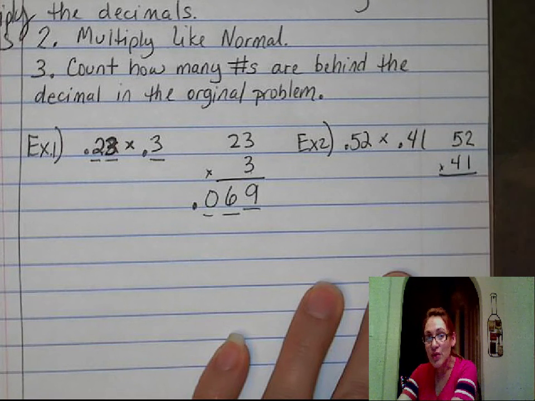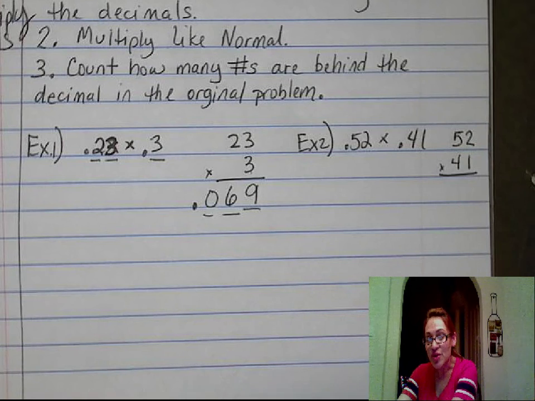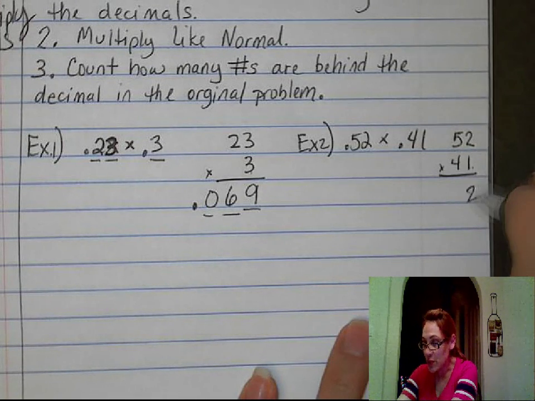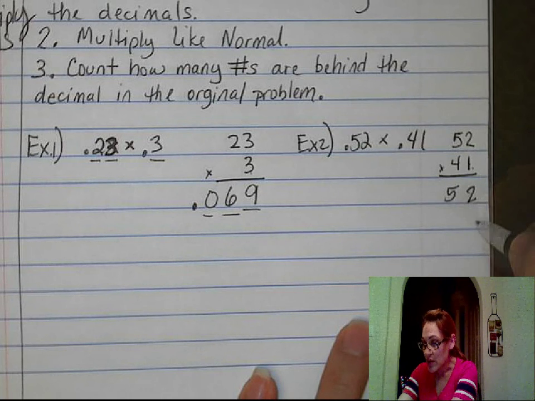Step 2 says you're going to multiply like normal. 1 times 2 is 2, 1 times 5 is 5. Have your 0. 4 times 2 is 8, and then 4 times 5 is 20.